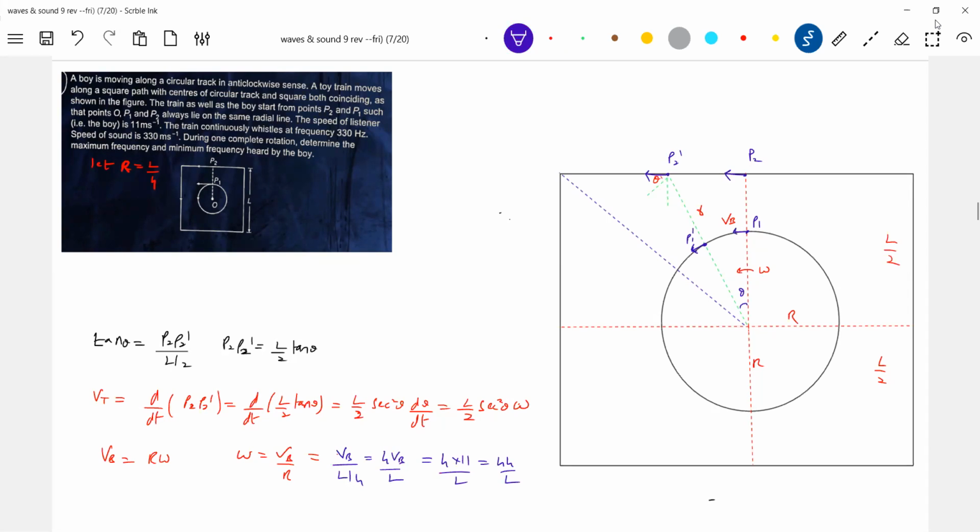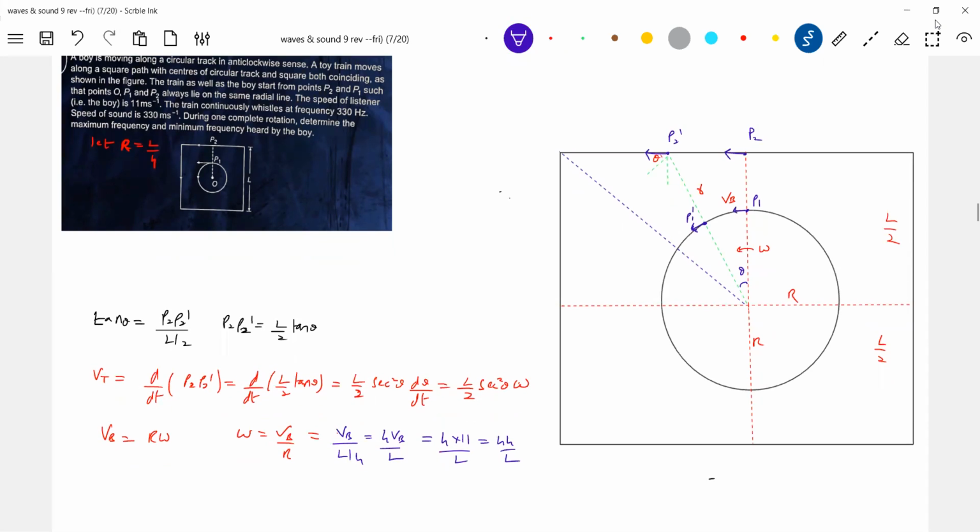Now we wanted the speed of that train. So let me substitute here. This will be the speed of the train equal to L by 2 secant square theta, and omega will be 4 VB by L. So this will become equal to 2 VB secant square theta.